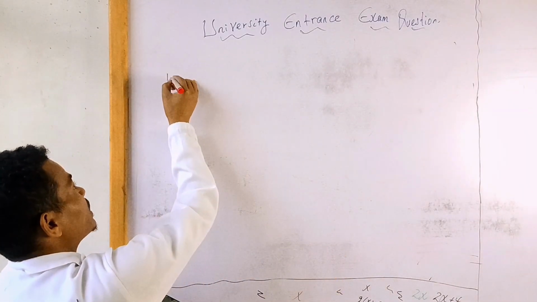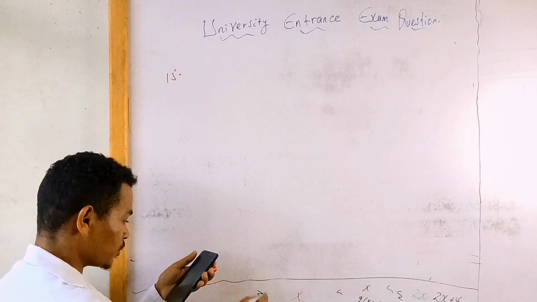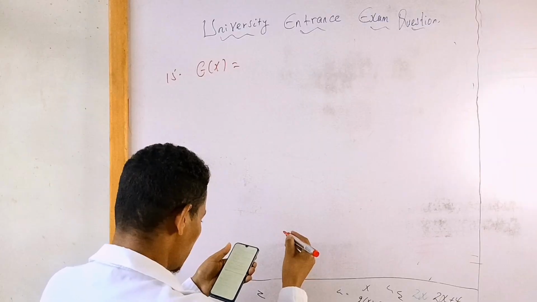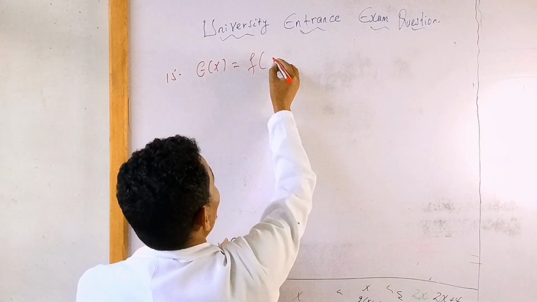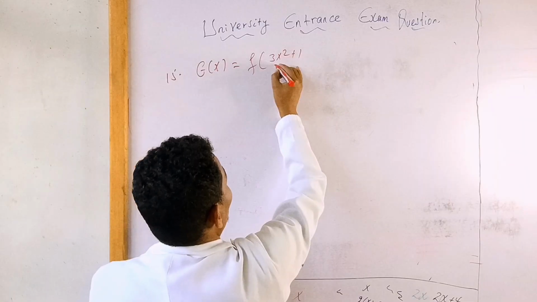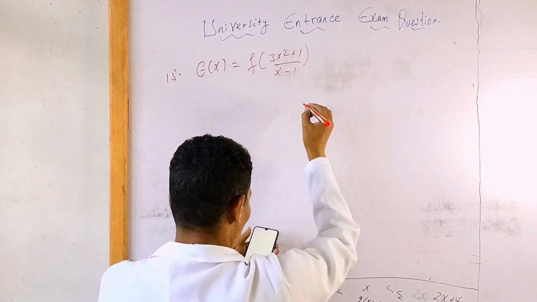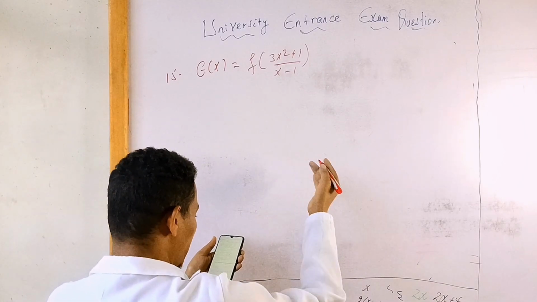Question number 15, the statement again: let g of x be equal to f of 3x square plus 1 over x minus 1, where f is a differentiable function on the real numbers without 1.